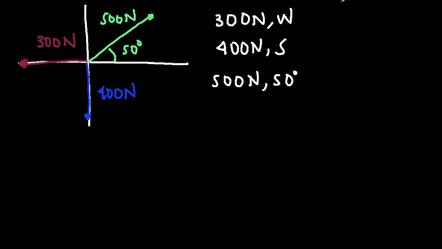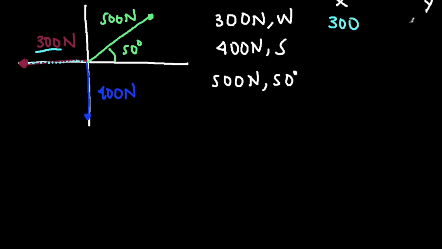So let's get the x and y components of these vectors. So the x component of this one should be, guess what? Since it only has an x component, everything on the x-axis, if it's a vector directed to the east or just west, its magnitude is automatically the x component of it.